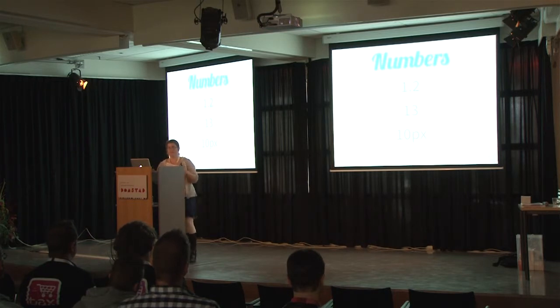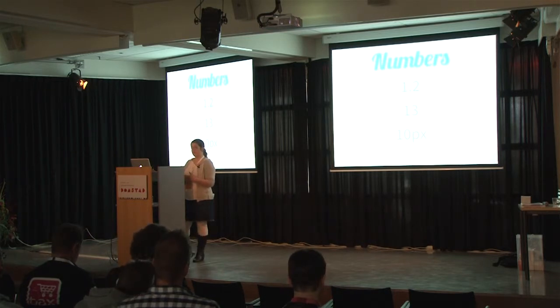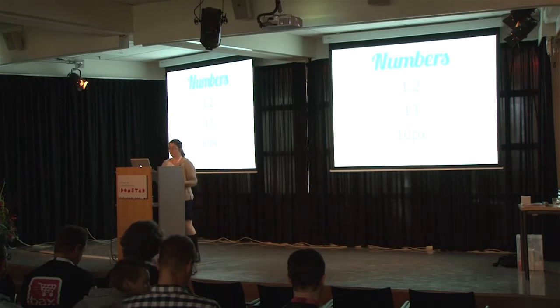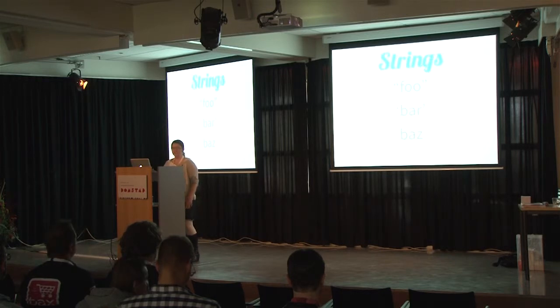There are six different types that you can use as values for variables. Numbers can come in many shapes and sizes, including decimals, integers, or units like pixels or ems. Strings can have double quotes, single quotes, or no quotes at all.